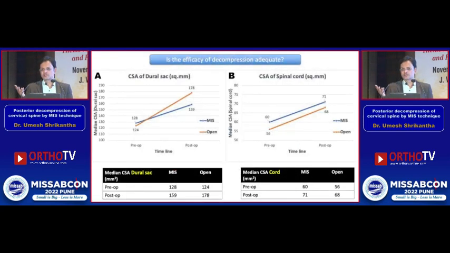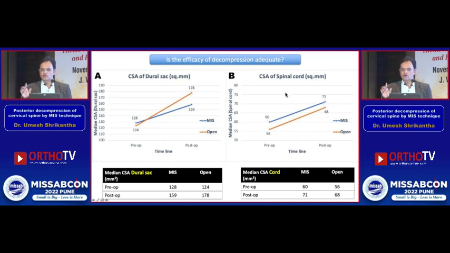So now the three questions that I mentioned, the first question is, is the efficacy of decompression adequate. Now as you can see, the cross-sectional area of the dural sac between the pre-operative and post-operative images, there is a significant improvement in the post-operative dural sac area in the open group because we are decompressing to a larger extent.